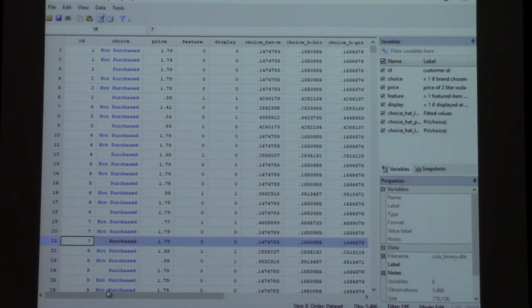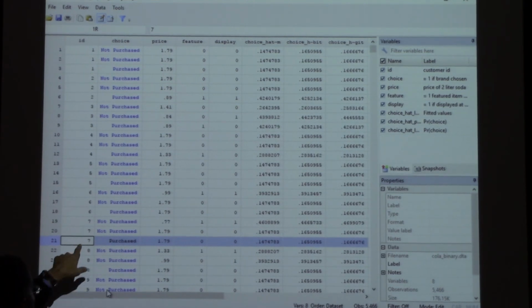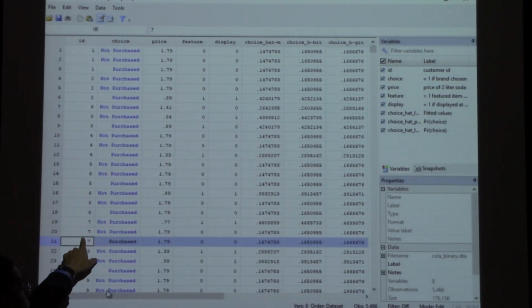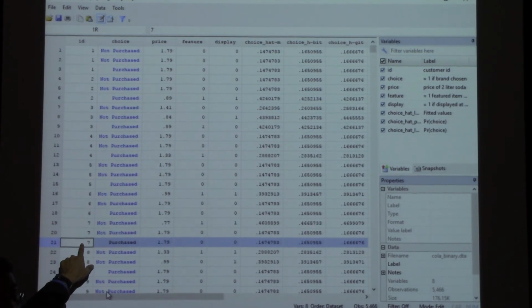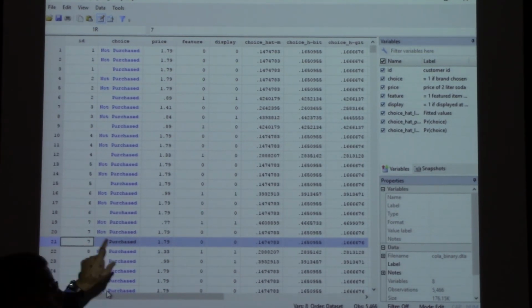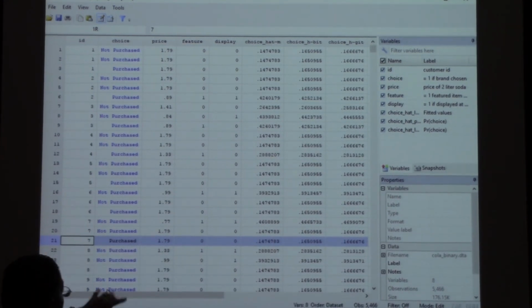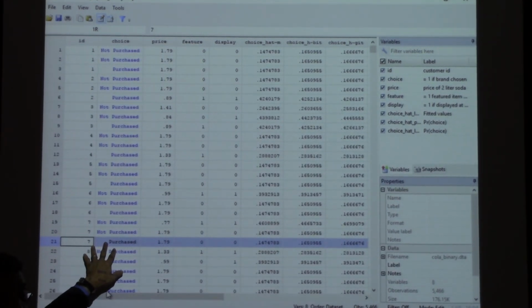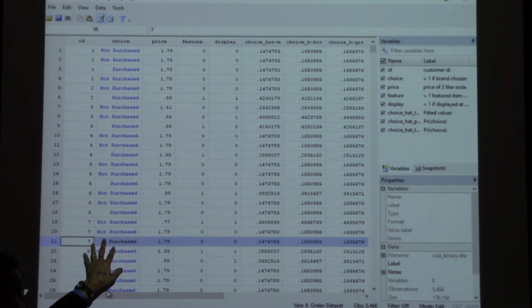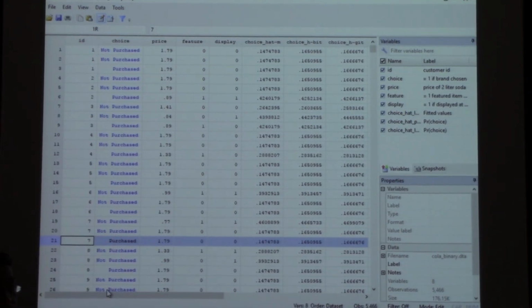If you're 0.5 and above, you're converted back to a 1. If you're less than 0.5, you're converted back to a 0. So what would this person be converted to? A 0, right? Because their probability to purchase is less than 0.5. So we predicted wrong for this guy. They bought, we predicted they wouldn't buy. This would be a false negative.